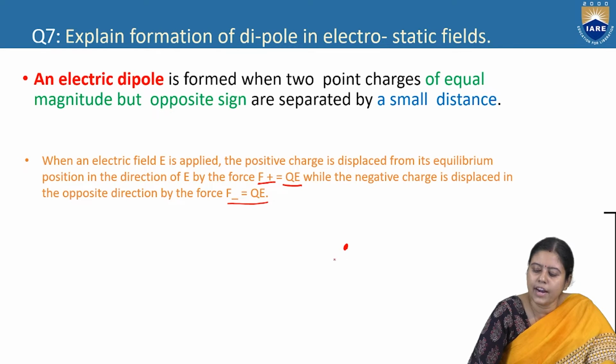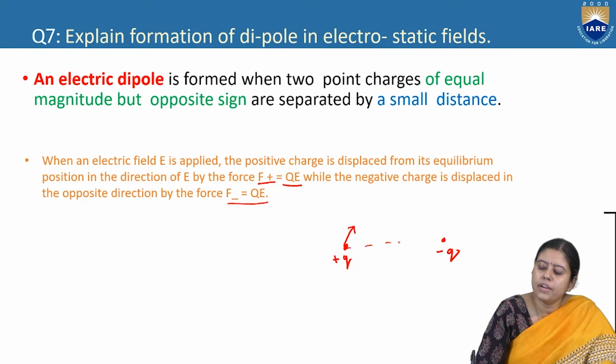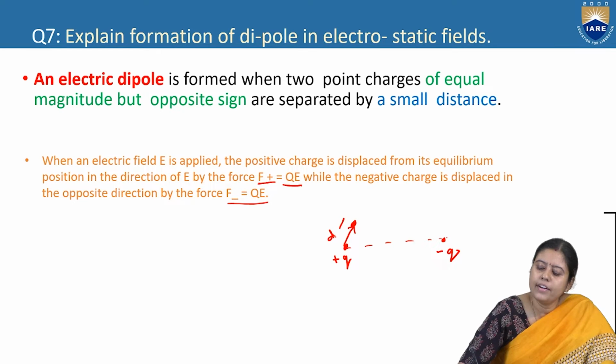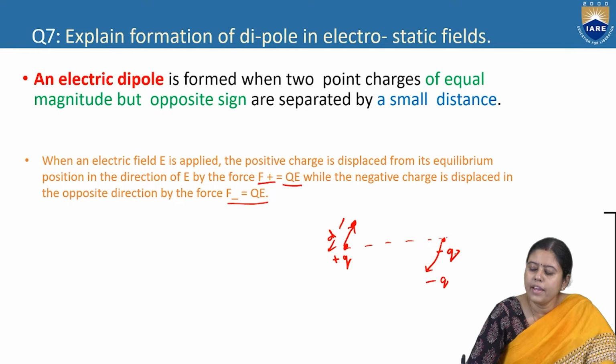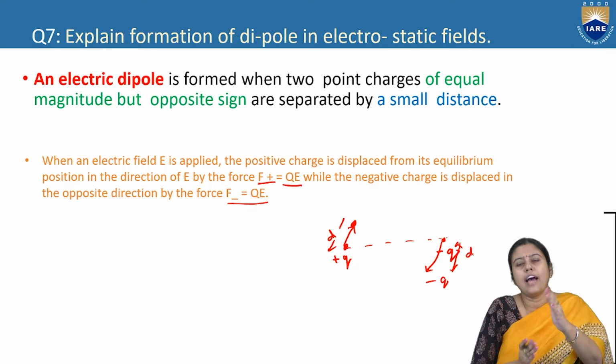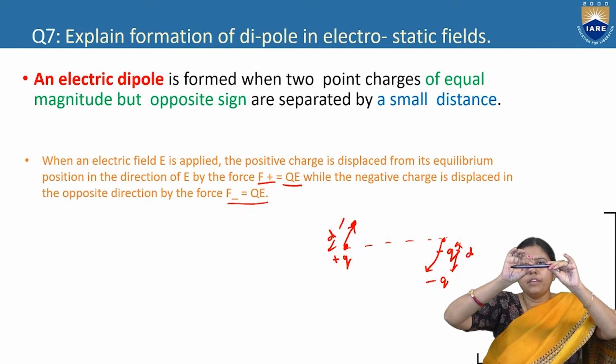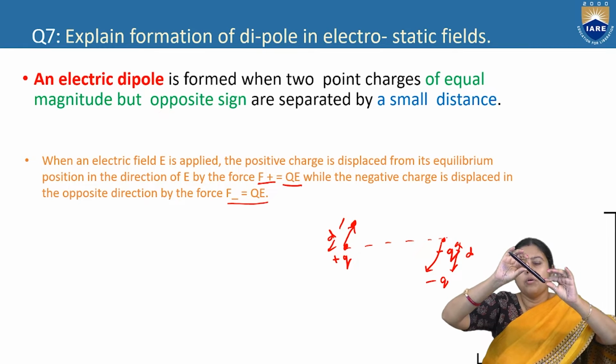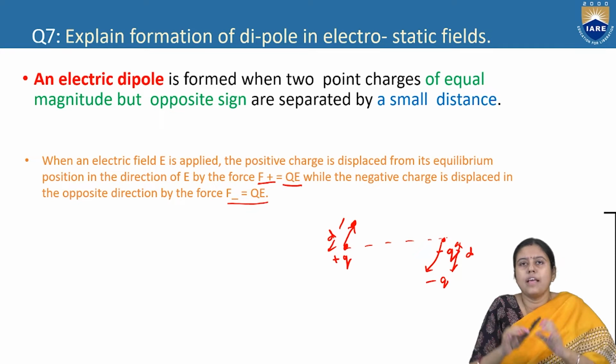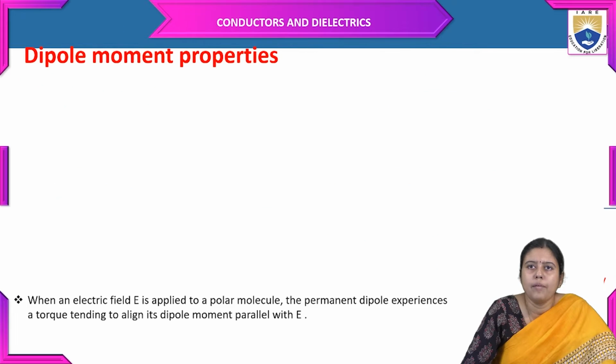Say this is one charge plus Q and this is a charge minus Q. Due to the dipole moment, if it shifts from here to here by D amount, the other will also shift by D amount. So there is a dipole moment. If it is at an equilibrium point and we change this, the other part will move by the same amount.